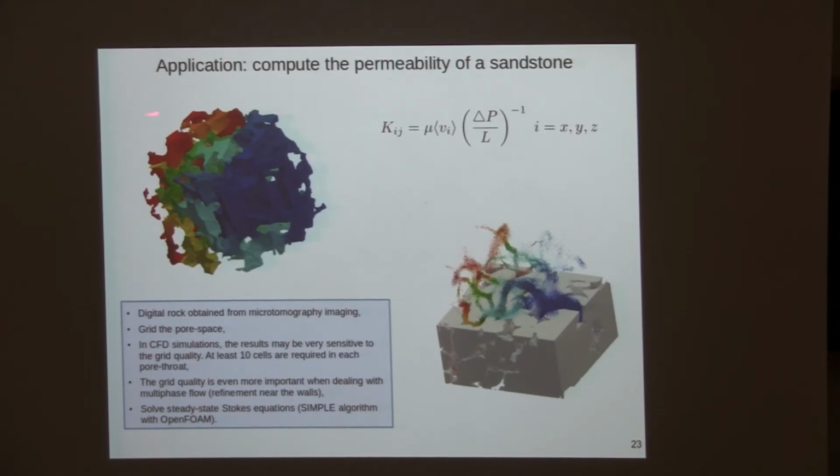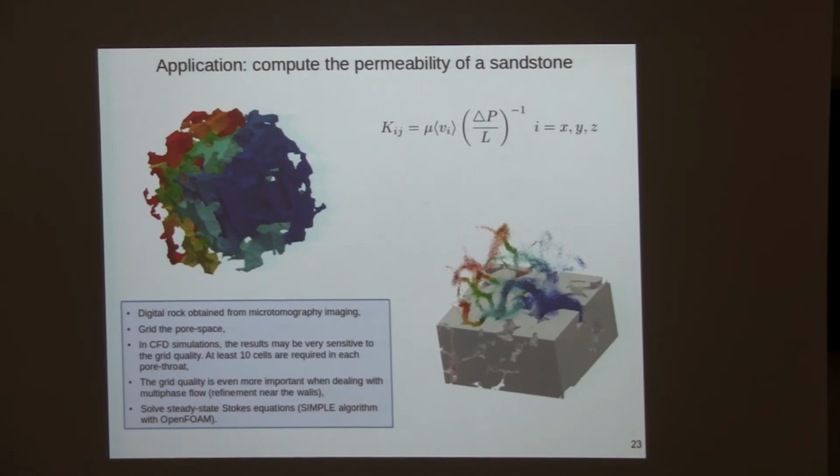We apply a pressure difference between the inlet and the outlet. We solve the Navier-Stokes, so we grid the pore space. We solve the Stokes flow on a cluster. Here what you see is the pressure gradient, and here what you see is the velocity profile.